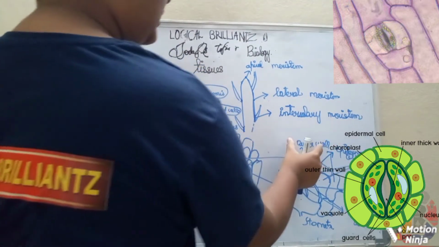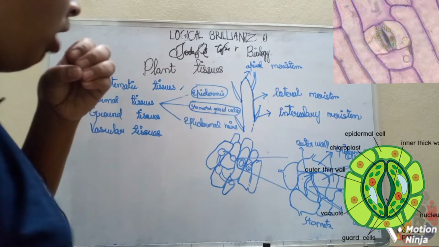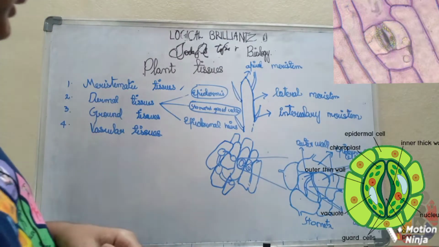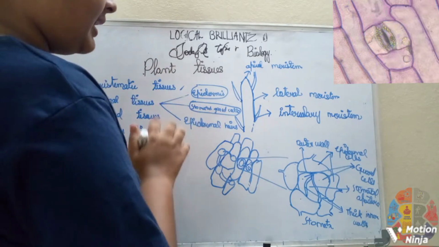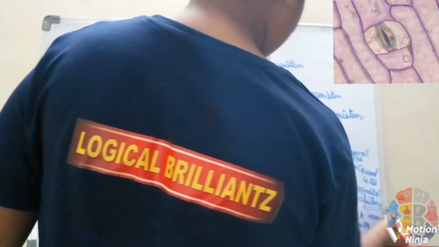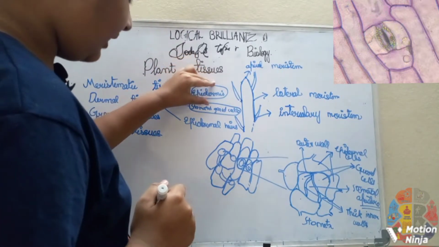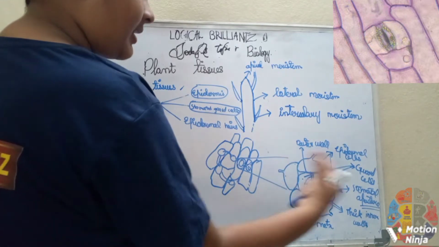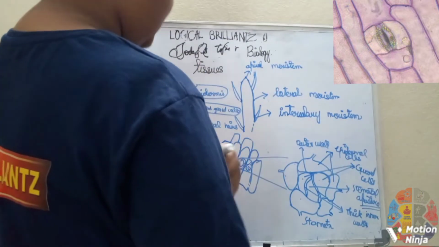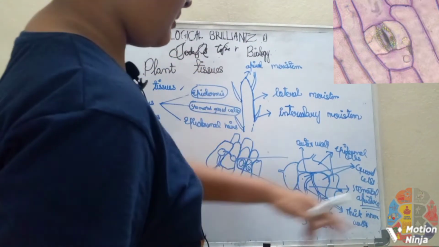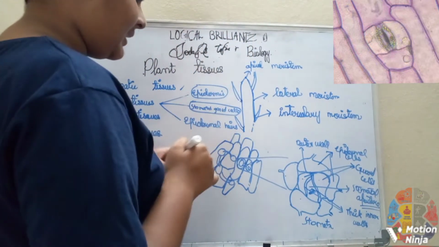Epidermal cells, outer walls, guard cells, stomatal aperture, and thick inner walls. And epidermal hairs are nothing but this stomatal aperture. So in the epidermis of the leaf, stomata is present, and stomatal guard cells are the next layer, and this stomatal aperture is the next layer, and in this stomatal aperture the gases will be exchanged.